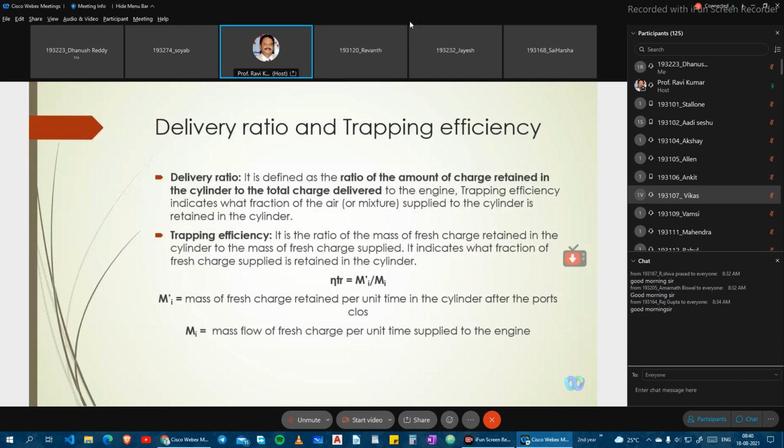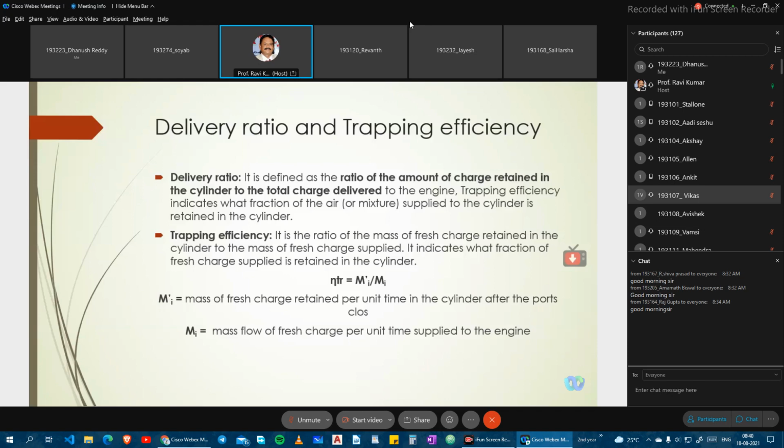inside the cylinder. Because whatever charge you send, a metered quantity of charge is sent from the inlet port, always an equal quantity of fuel inside the cylinder.